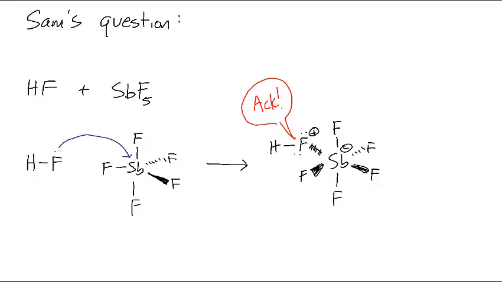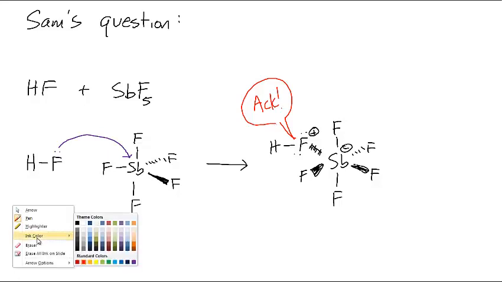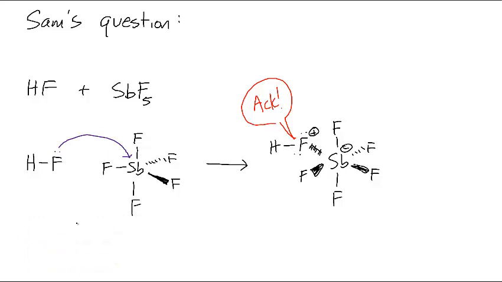And so this fluoroantimonic acid is an extremely strong acid, and it will dump the extra H plus.